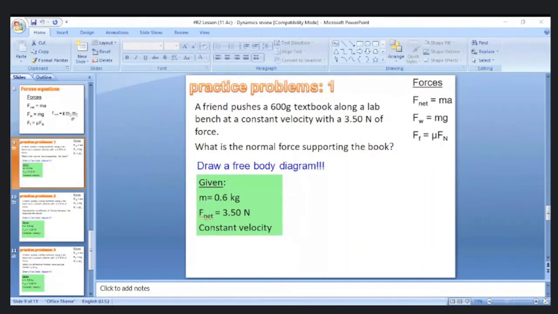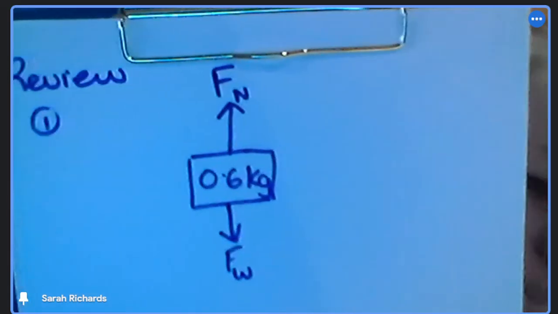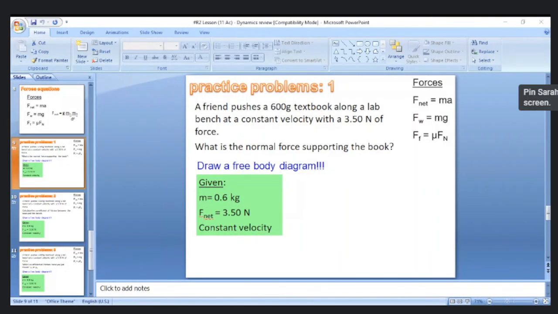Now, the textbook neither sinks into the lab bench nor floats in the air. So we know that the force of its weight and the normal force are going to be equal and opposite. And we're told in the question that the book is pushed along the bench with a constant velocity with 3.5 newtons.